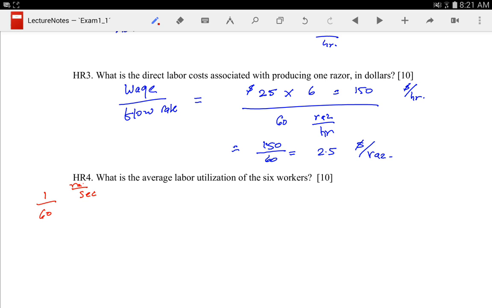Why do I want to use the one in terms of razor per second? That's because all our processing time is in terms of seconds. Given that our flow rate is 1/60 razor per second, the cycle time, which is the inverse, is 60 seconds.